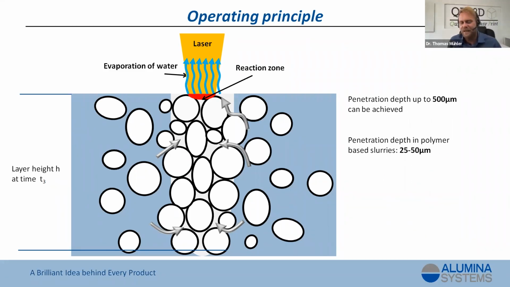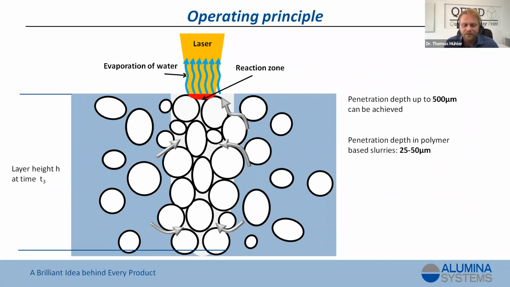Yes, the absolute minimum wall thickness is maybe 3 millimeters at the moment, and it's also because of the layer thickness. With a layer thickness of 500 microns or 1 millimeter, it's not possible to achieve really thin wall thicknesses. So that's the reason why we try to go down with the layer thickness to achieve a smaller wall thickness.